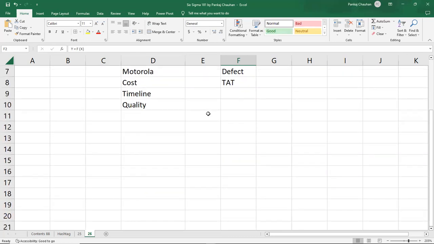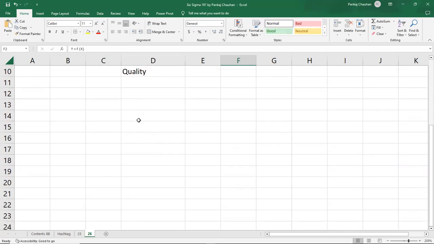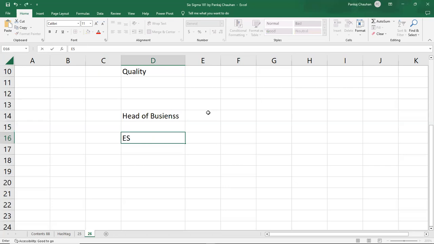Let's understand with an example. The last example I was telling: suppose today the head of the business comes and tells you that my ESAT is low. You understand that as a black belt, you cannot improve the employee satisfaction directly. You have to do something for that.